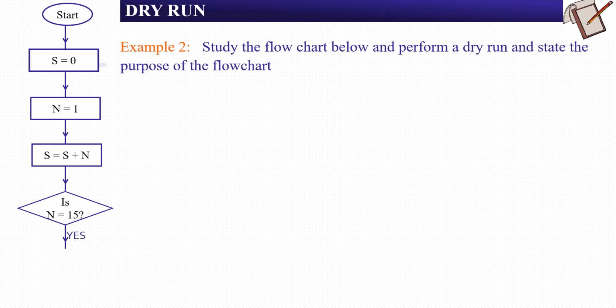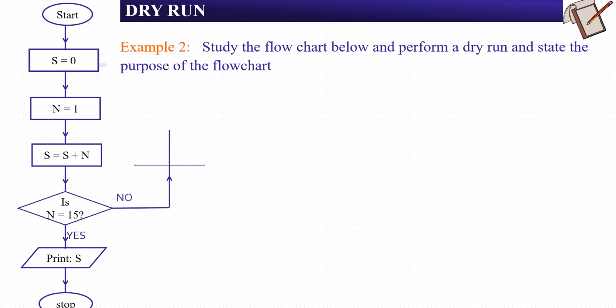If it's a yes, then you print the value of s, and then you stop. If it is a no, you go back and increase the value of n by 2, and then you get another value of s. So this is the flowchart.